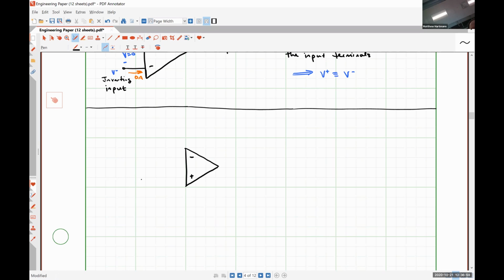So let's call this guy 6 volts, 2 kilo ohms, 8 kilo ohms for my feedback loop.